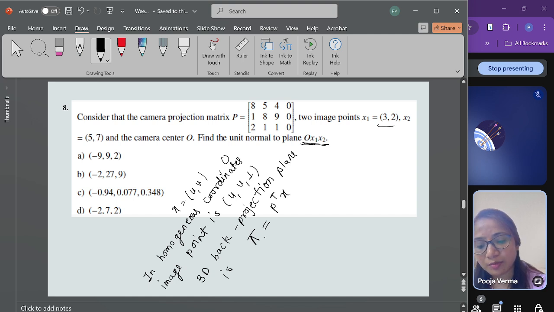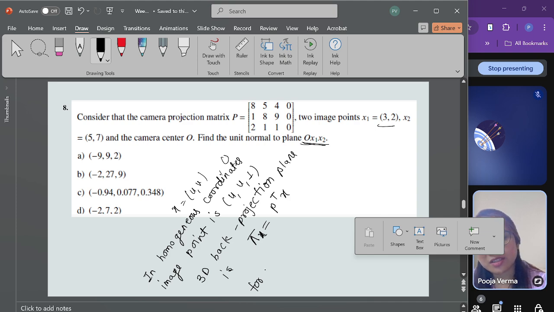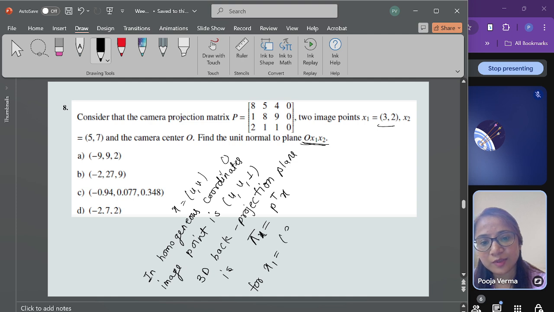Here I am taking pi x because two points are given, x1 and x2, so we need to calculate pi x1 and pi x2. First, x1 and x2 need to be represented in homogeneous coordinates. For x1 it is (3, 2, 1). So first we need to calculate pi x1.